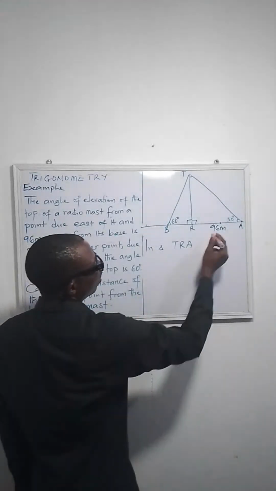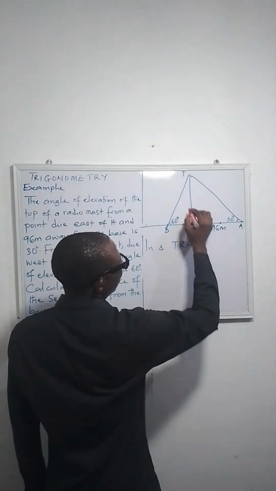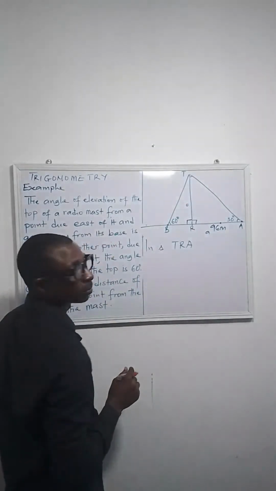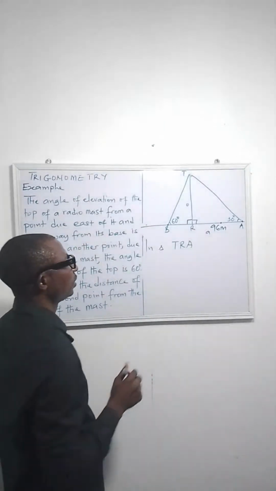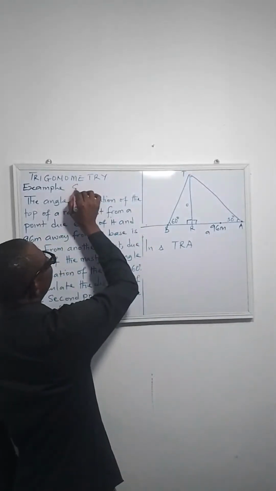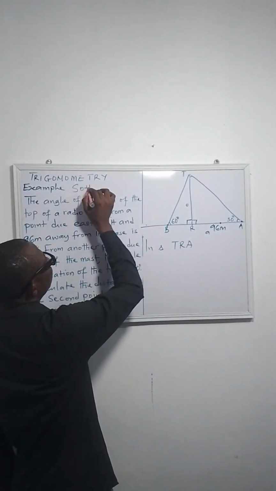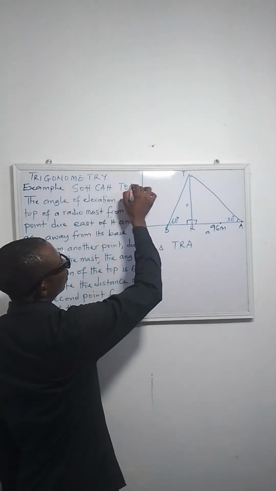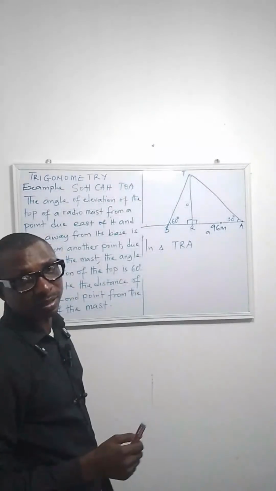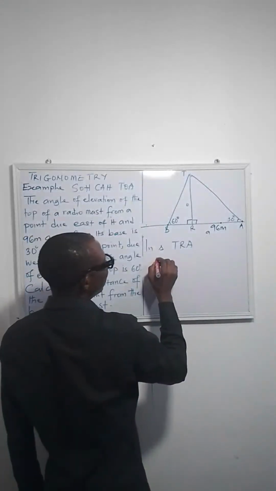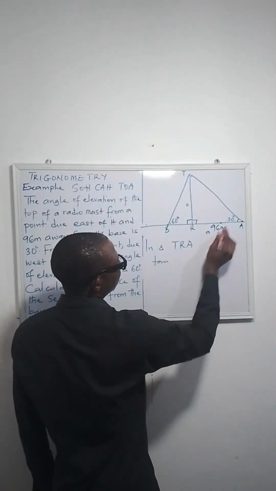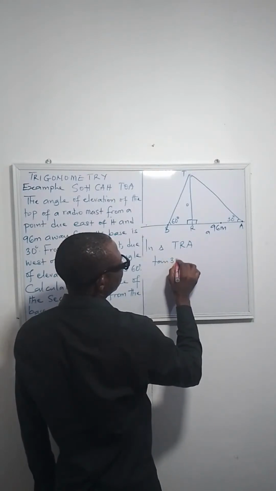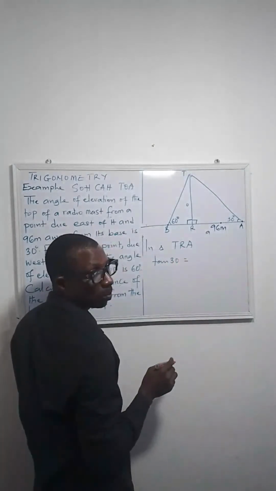All right, so I'm considering the adjacent and the opposite now. Using your SOHCAHTOA, you can see that's going to be tan. So that is tan 30 degrees equals opposite over adjacent.